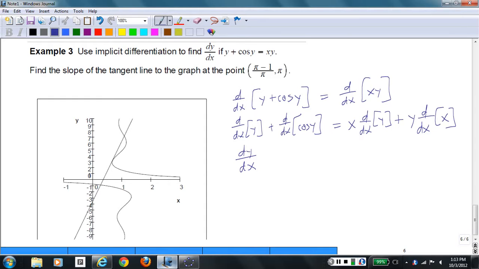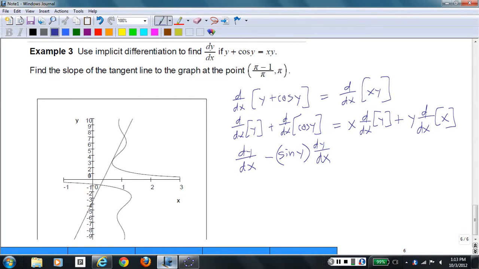Derivative of cosine y, the derivative of the cosine of something, is the negative sine of that something times the derivative of that something. So minus sine y dy/dx. The variable in the expression and the variable with respect to which we're differentiating do not match.